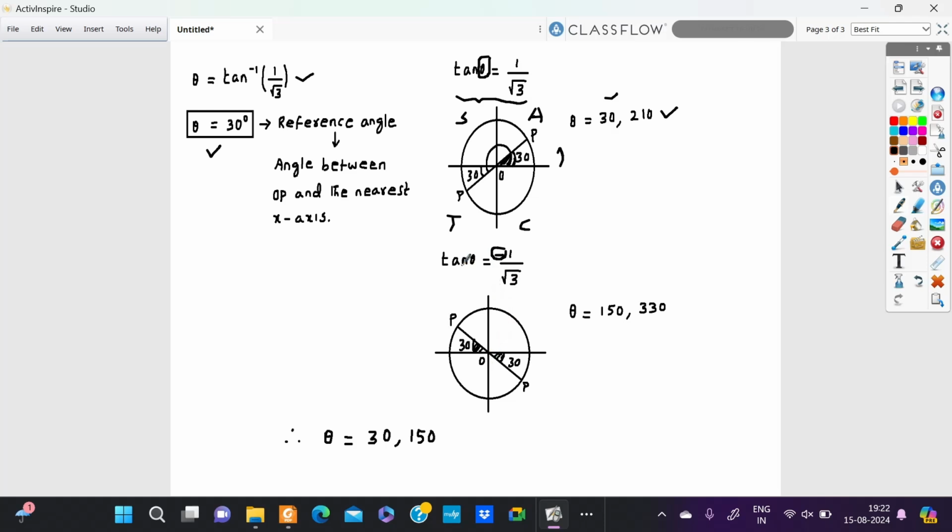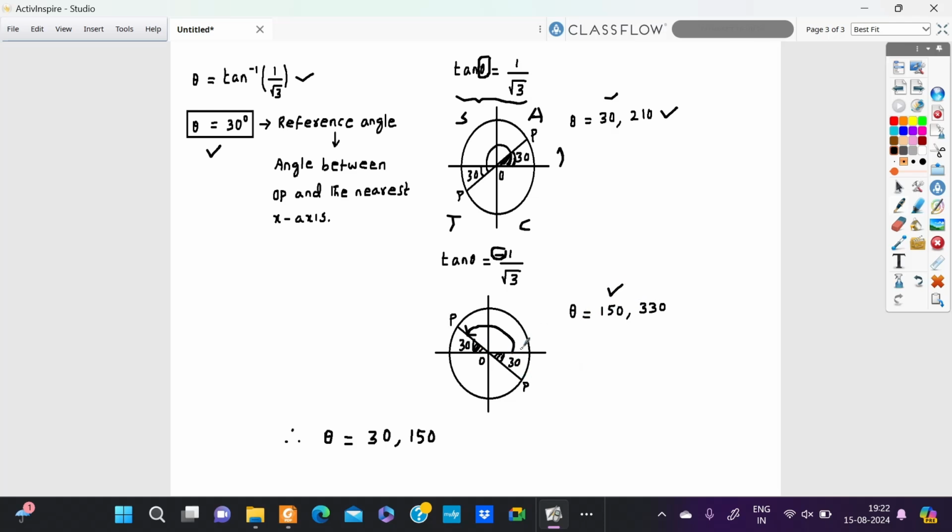So this helps us to draw OP. Tan is negative in the second quadrant and the third quadrant, so I drew OP there. How do we measure OP? Starting from the initial x-axis and going on until the first OP, since the reference angle here is 30 degrees, we get 150, which is my first value.